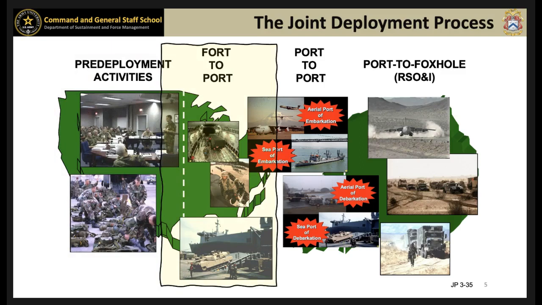This stage encompasses the movement of troops and equipment from a military installation or fort to a seaport or aerial port of embarkation. This involves organizing and packing the necessary resources and coordinating transportation to the port.